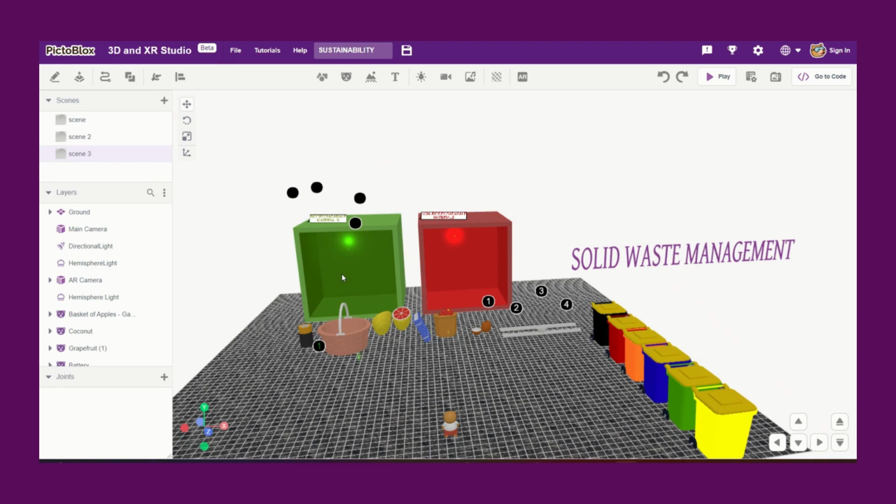So I would like to conclude this part of my video. In short, this project, through sustainability, offers a multifaceted 3D experience. By combining gameplay, interactive cues, and essential knowledge, this project aims to inspire individuals to adopt sustainable practices while understanding the importance of their role in preserving the environment for future generations.